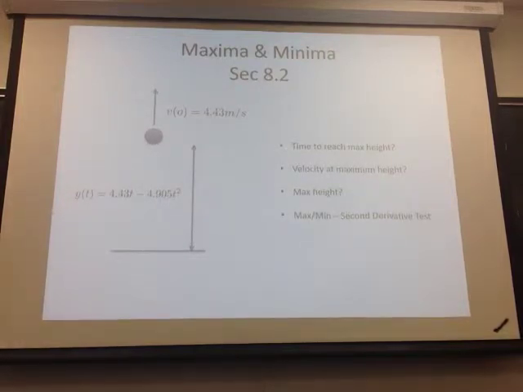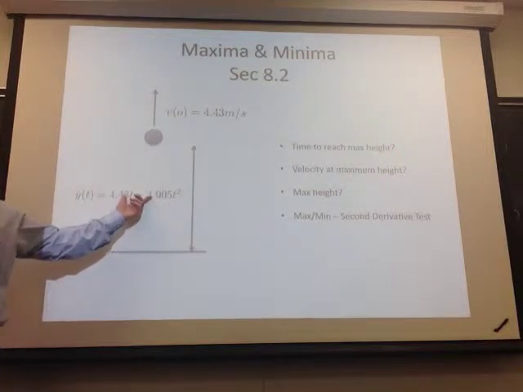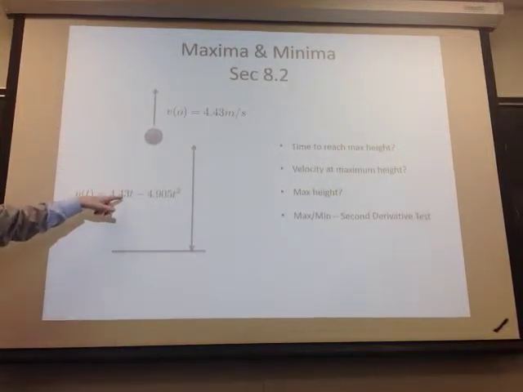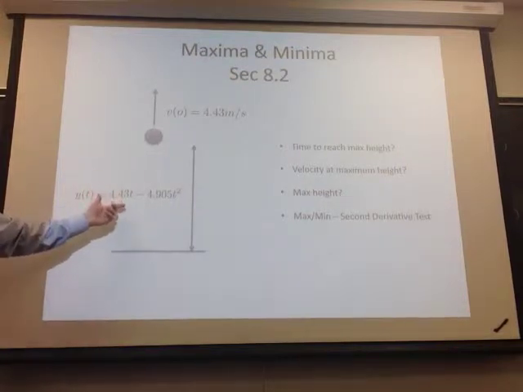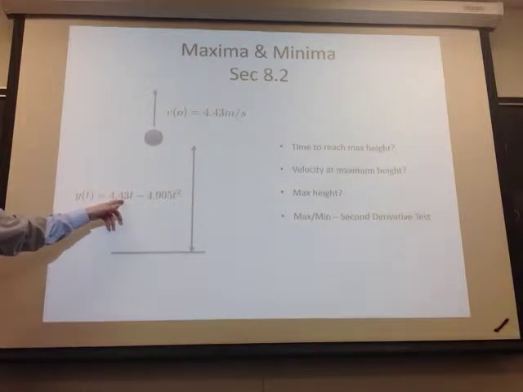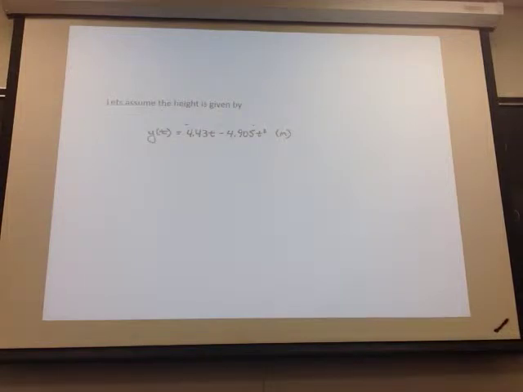I mean, if you throw a ball up in the air and this equation describes its elevation with time, what's going to be the maximum height? And how long is it going to take to get there? That's kind of difficult to do without derivatives. So let's use some derivatives to figure this out.